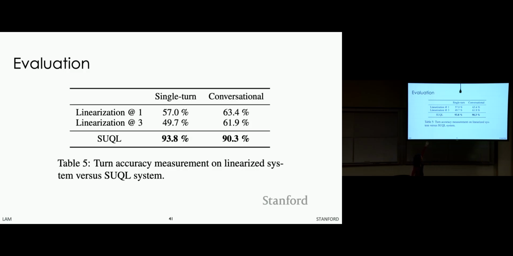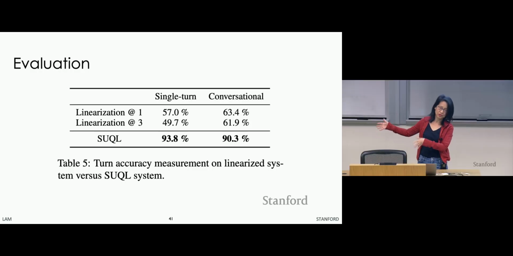If I let you give me three answers, we check the three answers and the accuracy dropped. Whereas in SUQL, we are at 94% for single turn, 90% for the conversation. So there is still an error, but it is now in the 90s as opposed to the 50s and 60s. And it is very noticeable when that happens.